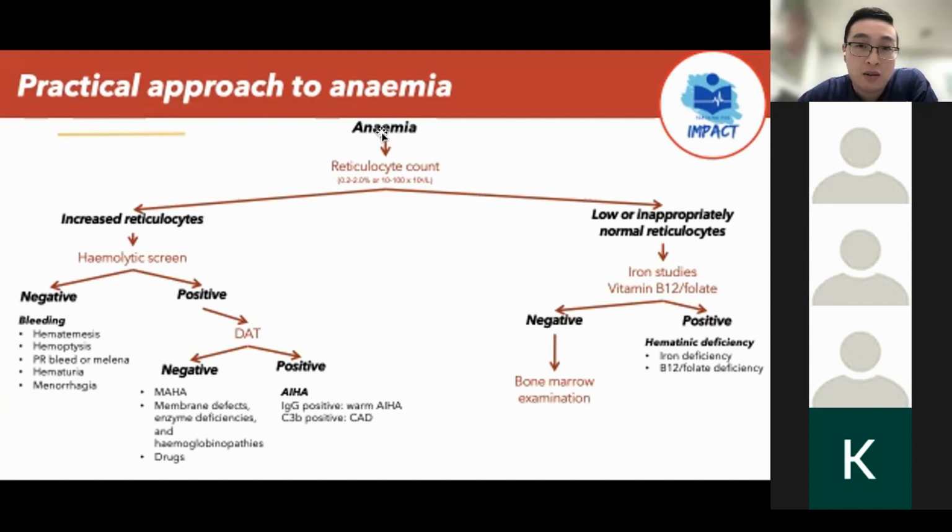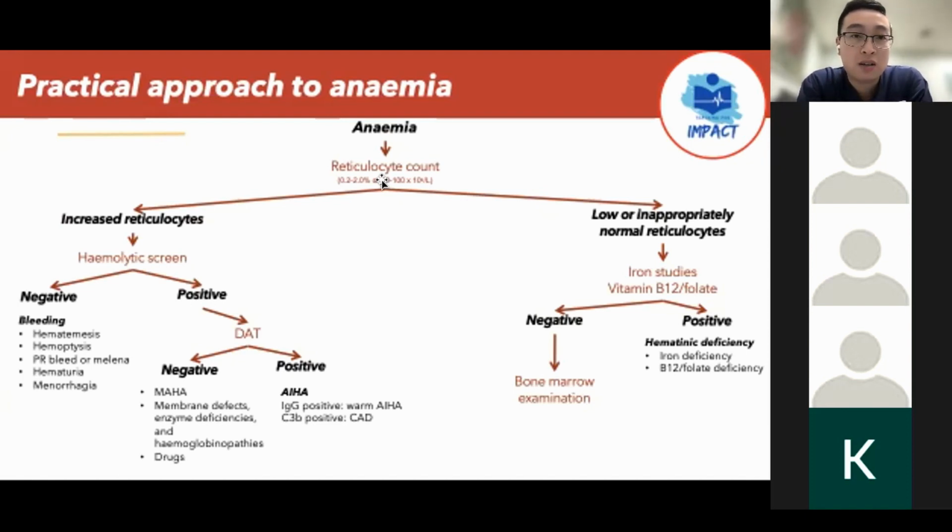But as I said, the MCV is not very informative. To work out what the cause is, the next best test to do is to order a reticulocyte count. Usually the reference range is from 10 to 100. If you're anemic but your bone marrow, which is the factory that produces more red blood cells, is working properly, you would expect the bone marrow to be working in overdrive to try to fix the anemia.